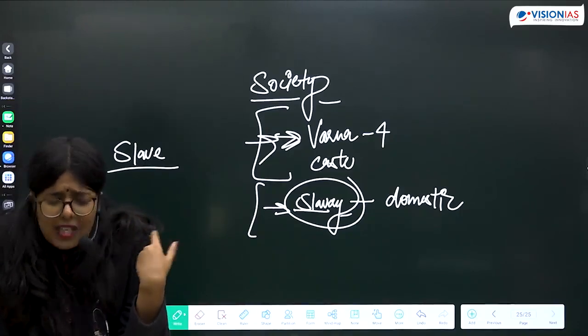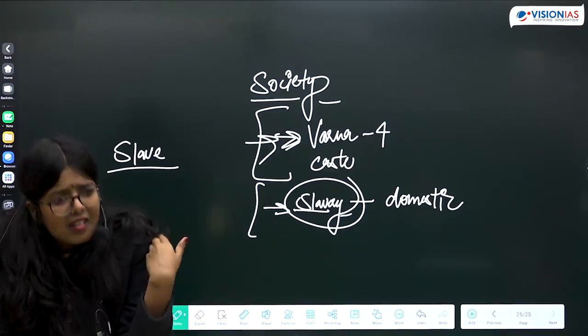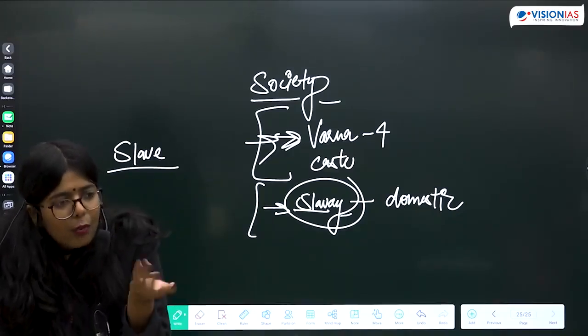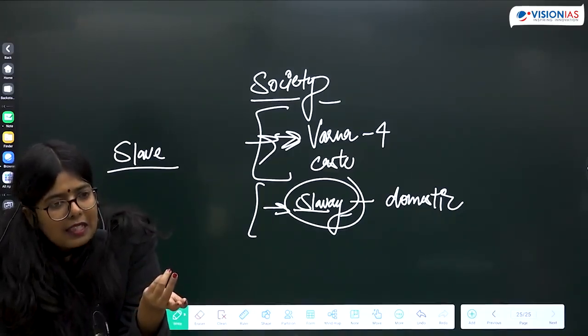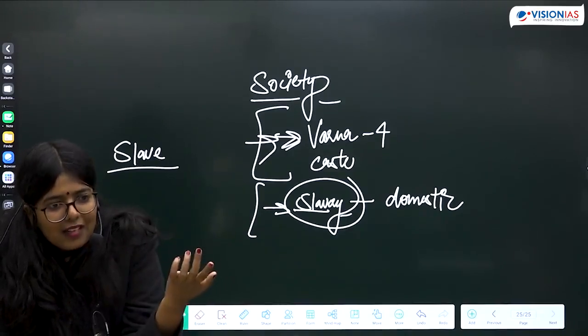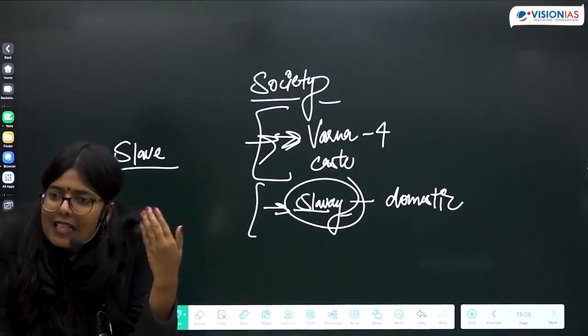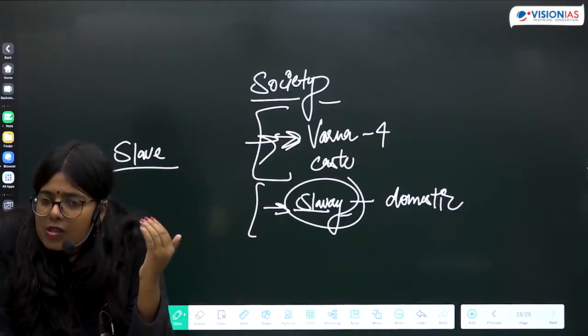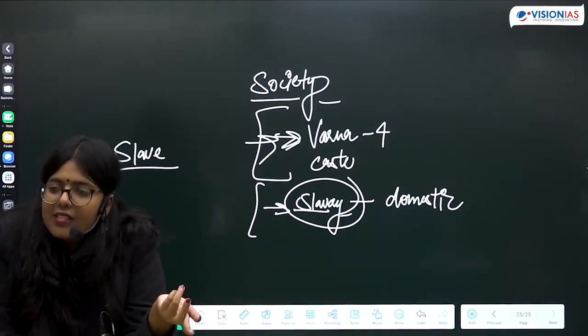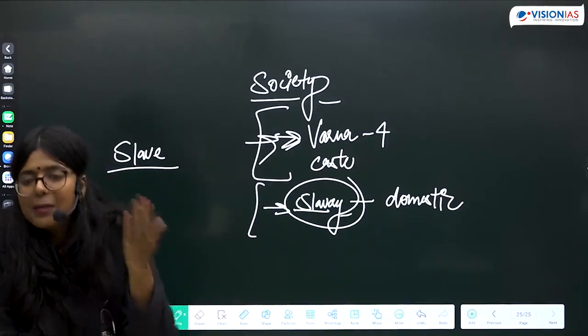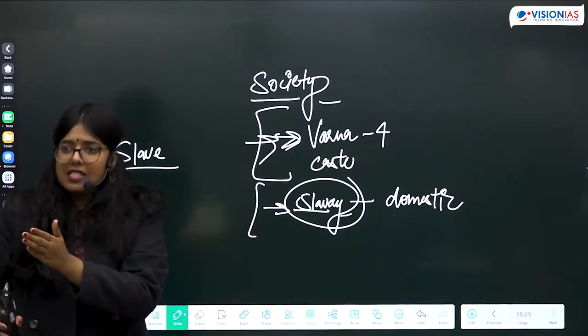When we are talking about Megasthenes, he is coming from that cultural zone. When he probably saw people in India roaming around freely in the fields, he might have had this misconception that slavery does not exist in India. Why? Because he has certain perceptions.